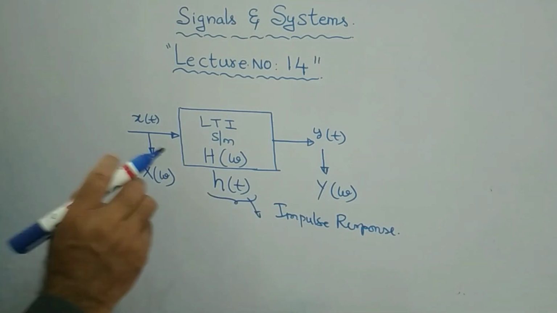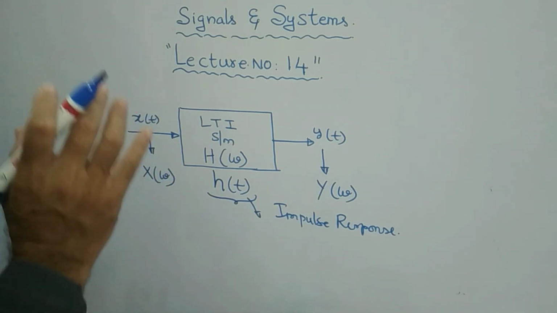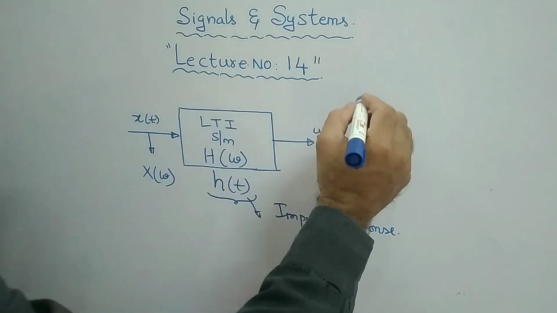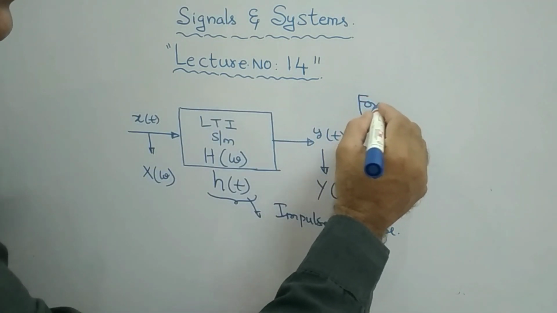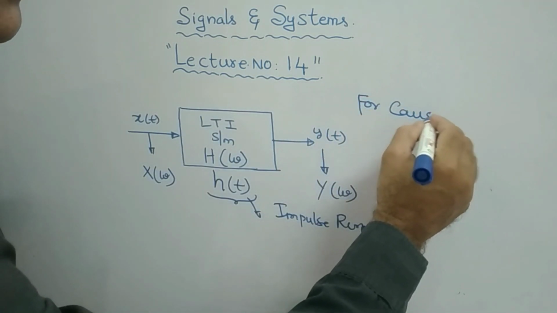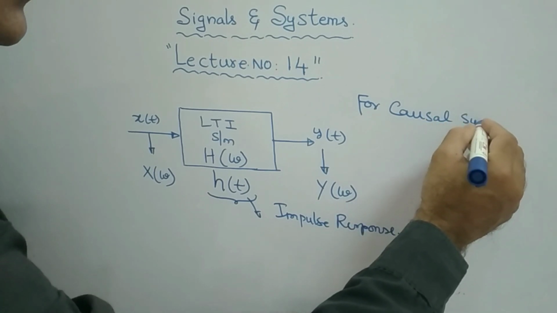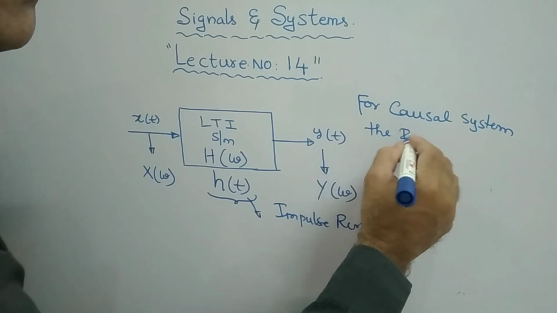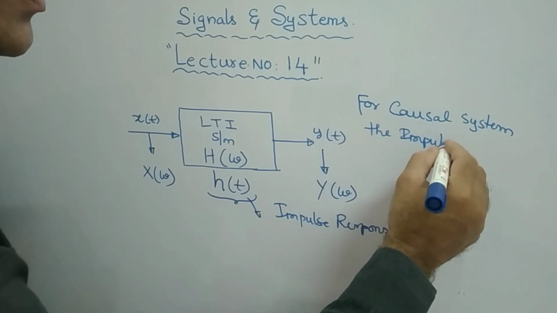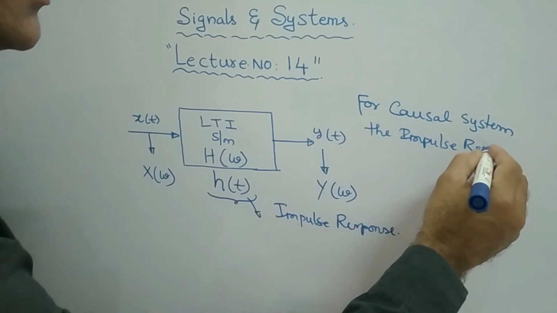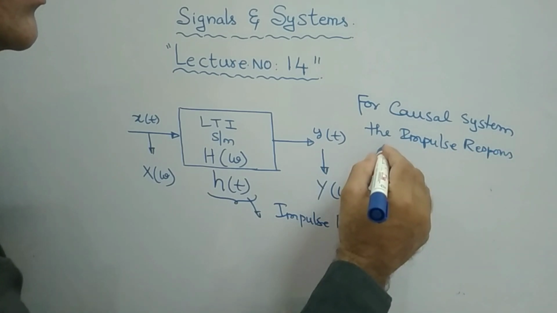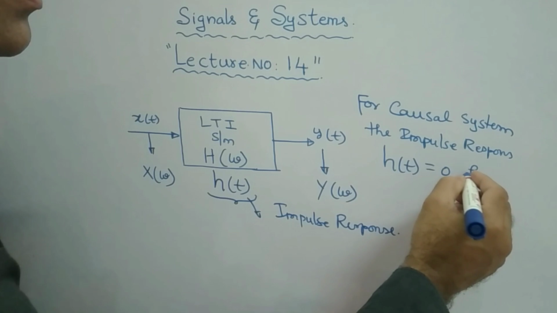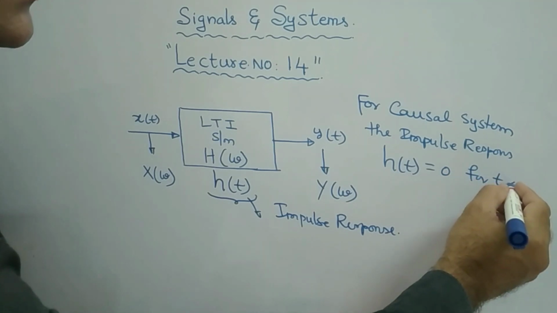And here a very important point to note down is that for a causal system, the impulse response, that is h of t, is equal to 0 for t less than 0.